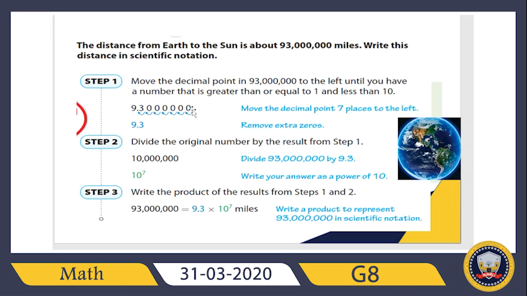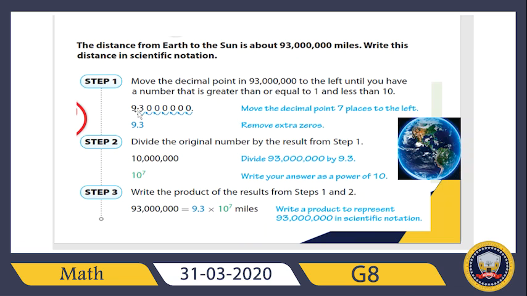So I will start moving this decimal point to the left side until, do you remember? Until there is only one digit to the left side of this decimal point.